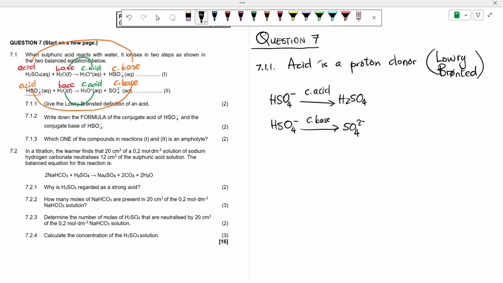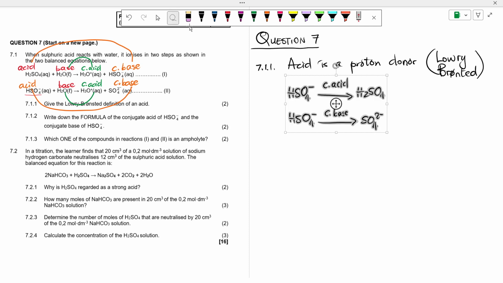7.1.3. Which one of the compounds in reaction 1 and 2 is an ampholyte? Looking at those reactions, which one acts as an ampholyte? Let's see.